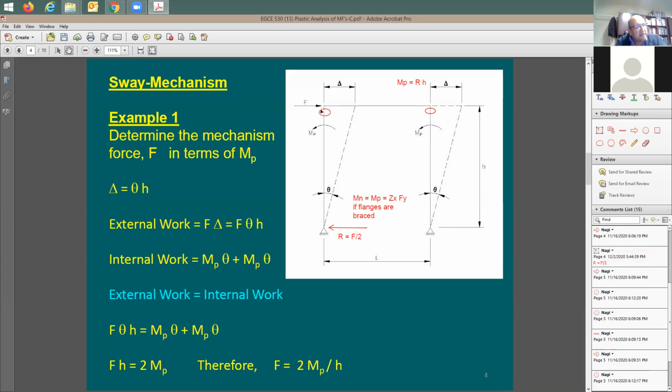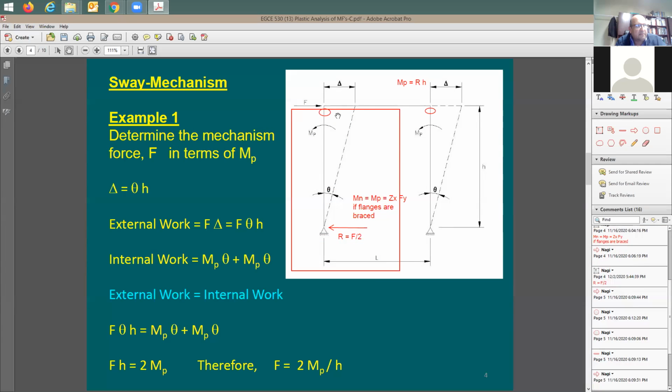So the moment at the top of the column, the moment right here, if you cut a section and take the moment for the forces on this side, I'm going to be cutting a section for this area here, right? For the column, only for this piece. Don't look at the rest of the frame. You're going to say the moment at this section is going to be equal to R multiplied by H. So the moment is going to be equal to R times H.